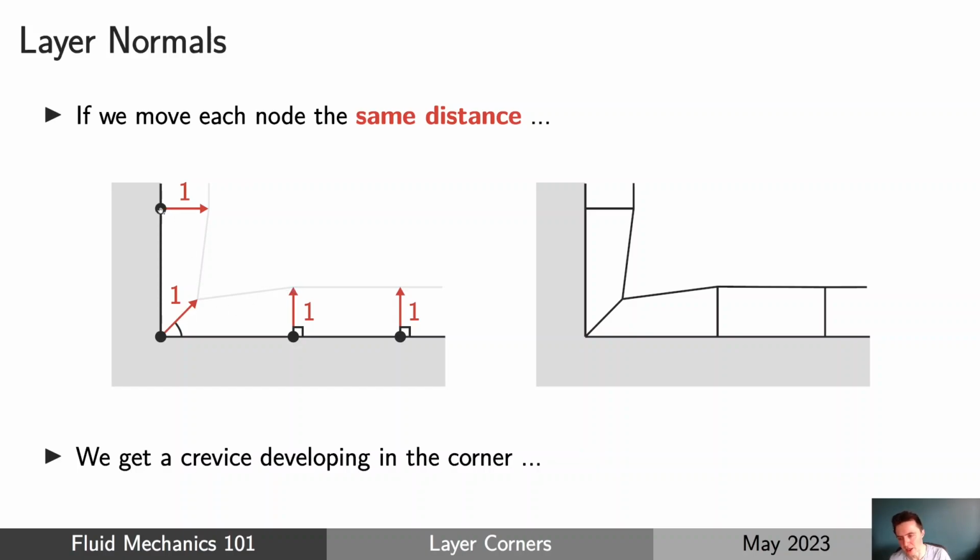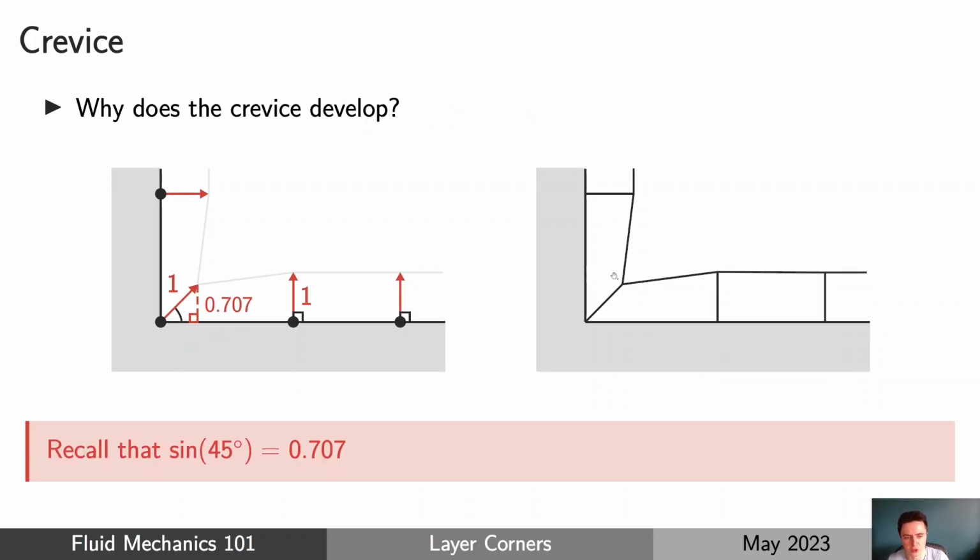And you can see here, all of the nodes, we're going to project them in the angle of the normal vector, a distance of 1 millimeter. But immediately from this simple example, you can see that we're starting to get a little problem here. We're moving the nodes the same distance, but if you look at the shape of the top cap of the layers, you can see we're starting to develop a crevice in the corner. Why are we generating a crevice in the corner?